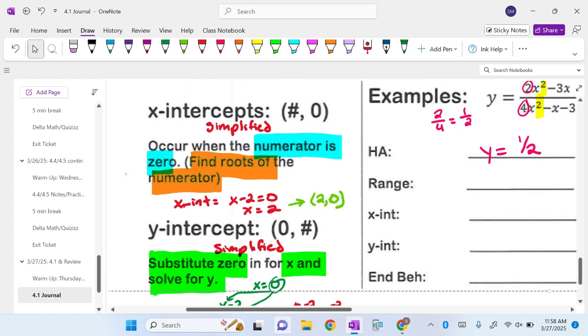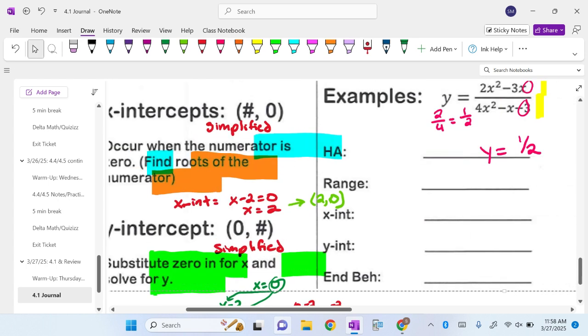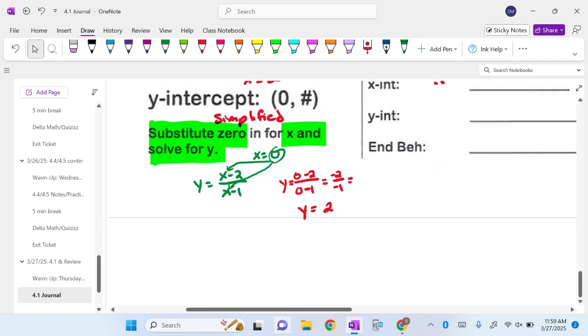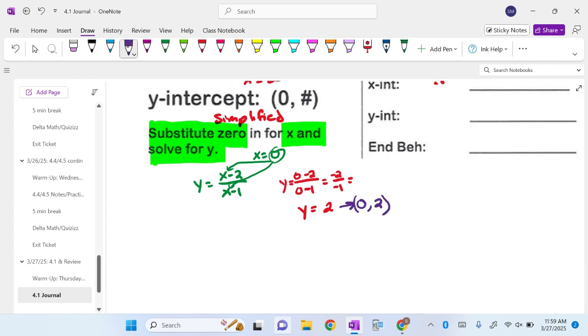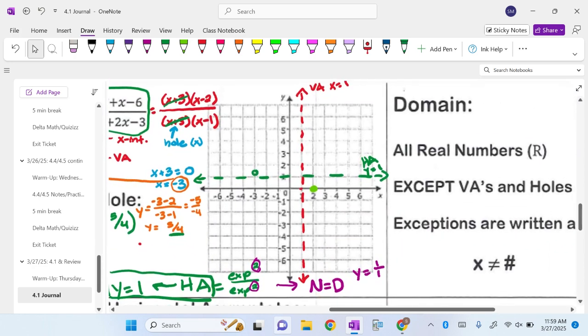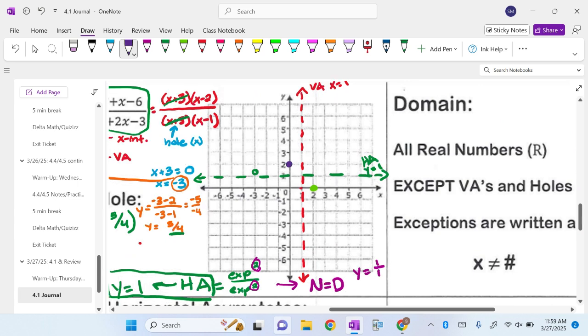What's that as a point? 0, 2. So as a point, this would be at the point 0, 2. So up top, I will graph my y-intercept at 0, 2.